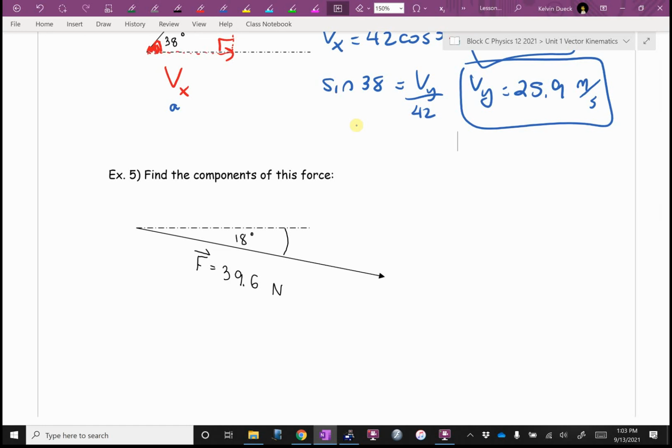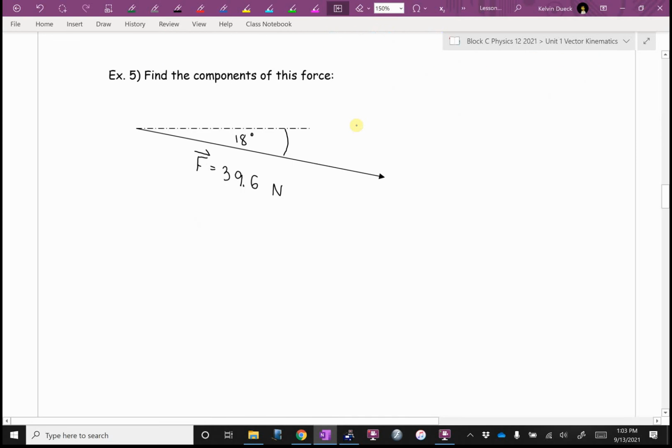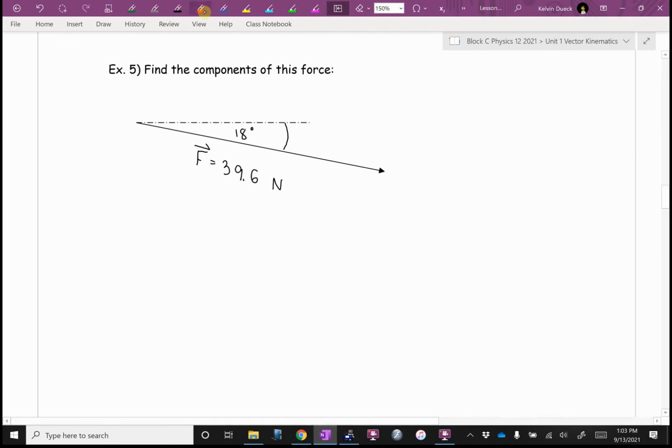So example 5 says, find the components of this force, vertical and horizontal. This one's pointing down, so I always draw horizontal first. And this time it'll be Fx, because it's a force. And then Fy, FYI. Malcolm, that 39.6, opposite, adjacent or hypotenuse?